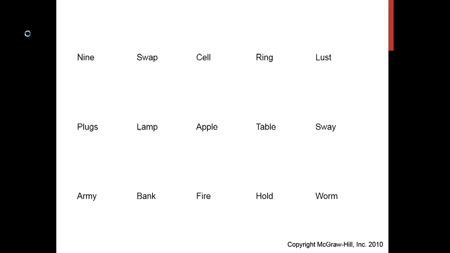Alright, so here's our list of words again, and you can determine for yourself how many of these words you actually remembered. Perhaps you remembered 5, maybe you even remembered 10. I think there were some people in our class that remembered up to 13 or 14 of these words.